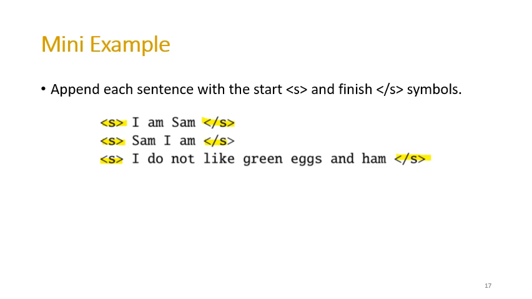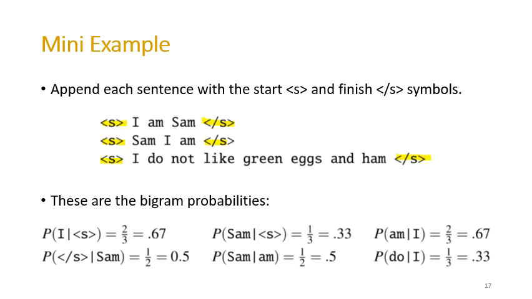After you do that, you may start computing the bigram probabilities. For example, these are some bigram probabilities, and you should be able to compute all these values. You may pause the video, take some time, and ensure yourself that you can compute all these numbers correctly.